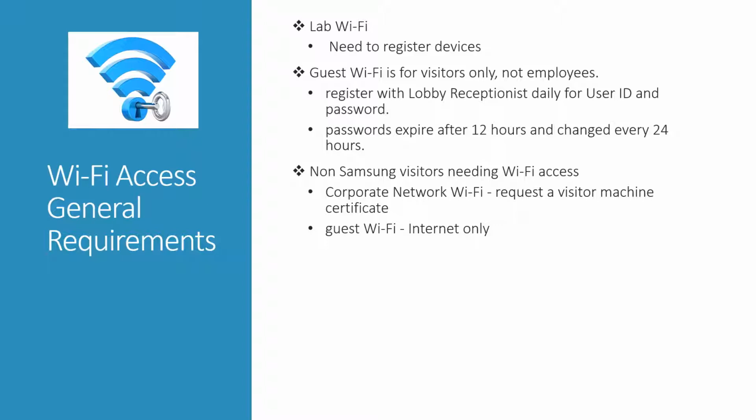For non-Samsung visitors needing Wi-Fi access, they have two choices. They can either go for guest Wi-Fi, which is only for browsing the internet, but if they need access to the corporate network, they have to request a visitor machine certificate, which will give them access to the corporate network.